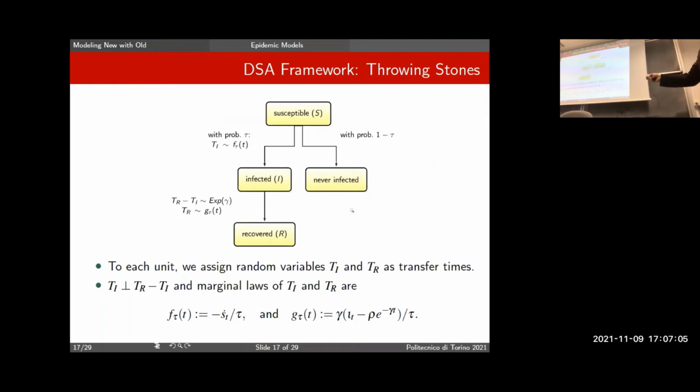If you got infected, then based on these differential equations, I can actually compute the density of that infection time. And that will allow me to compute the timing of infection and then the timing of recovery. It's not very difficult to see that, from what I told you, the timing between the infection and recovery, this holding time, is exponential with the appropriate parameter in this simple model.